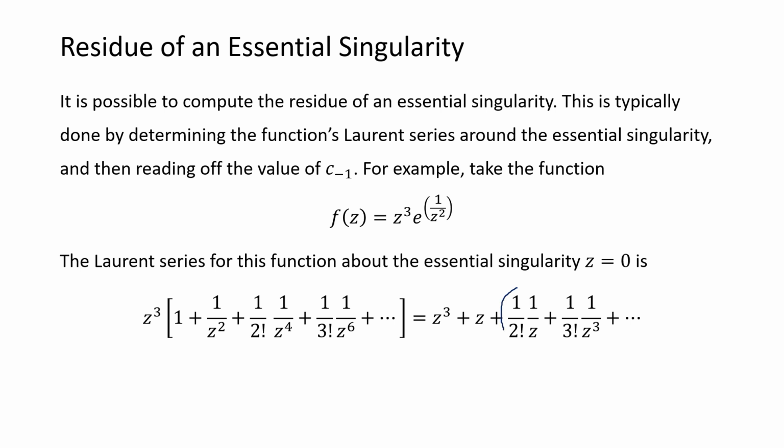So this is our coefficient c sub minus 1, and so this is the residue, and we've solved the problem here. So the residue is just 1 over 2 factorial, which is 1/2.